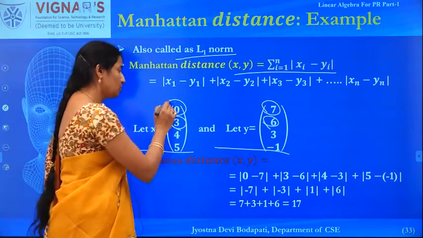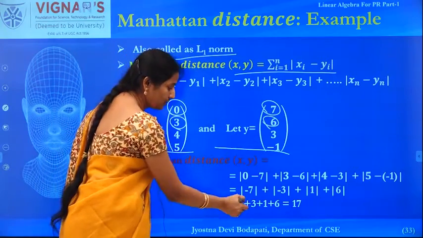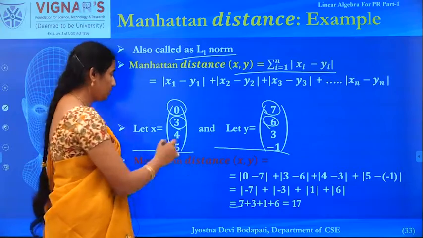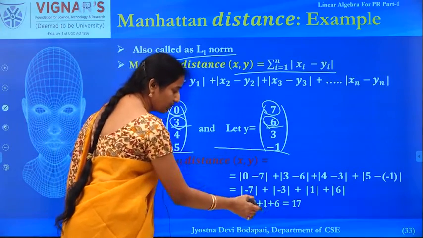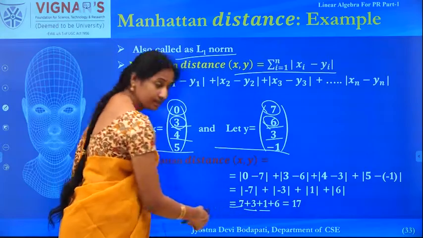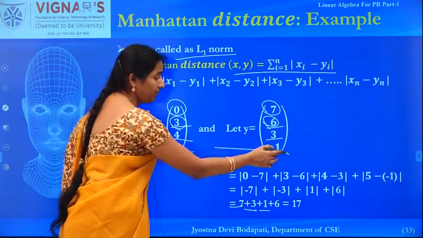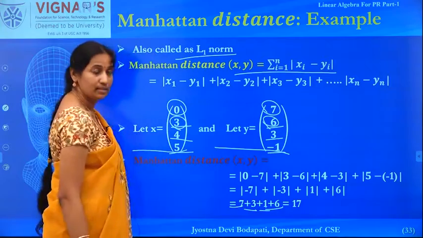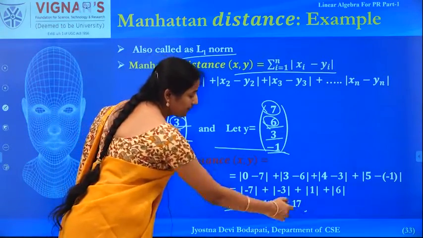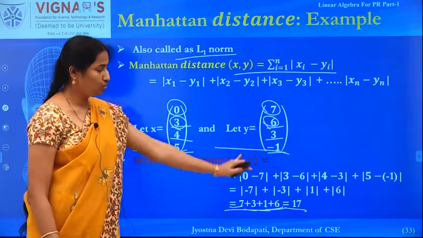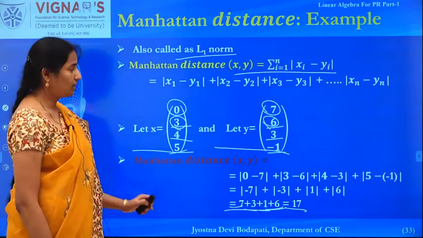So 0 minus 7, the absolute value is 7. 3 minus 6, the absolute value is 3. Similarly, 4 minus 3 is 1, the absolute value is 1, and 5 minus minus 1 is plus 6, and the absolute value is 6. You just sum them up and that gives me 17. So the Manhattan distance between these two vectors is 17. That is how we can compute it.